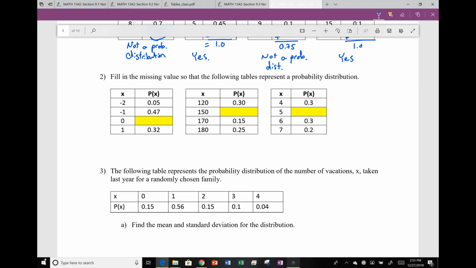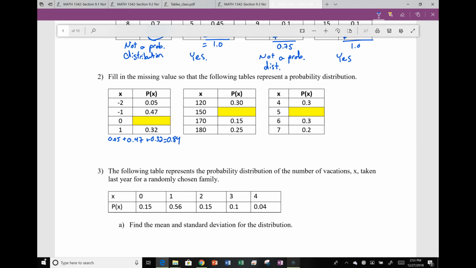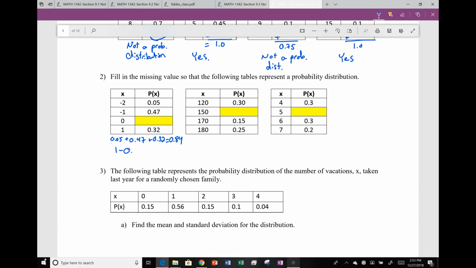So in order to find the missing number, what we're going to do is add up these three, 0.05 plus a 0.47 plus a 0.32, and that's going to give me a 0.84. Now they have to add up to 1, so I'm going to subtract the 0.84 from 1, and I'm going to get a 0.16. That is the probability for 0 in this particular case. We're going to do the same thing for these others.